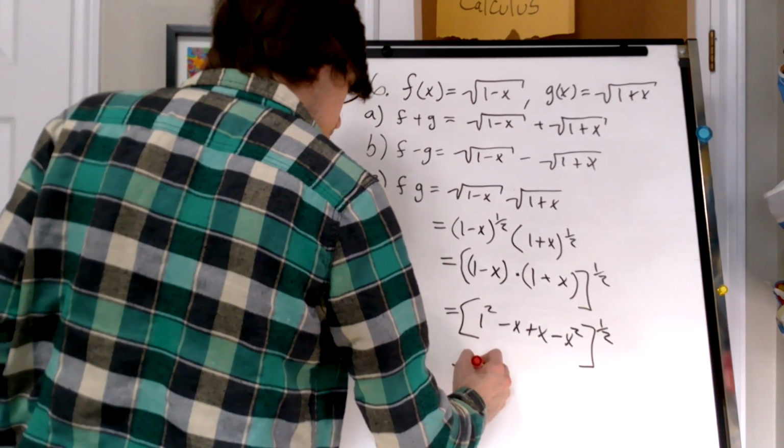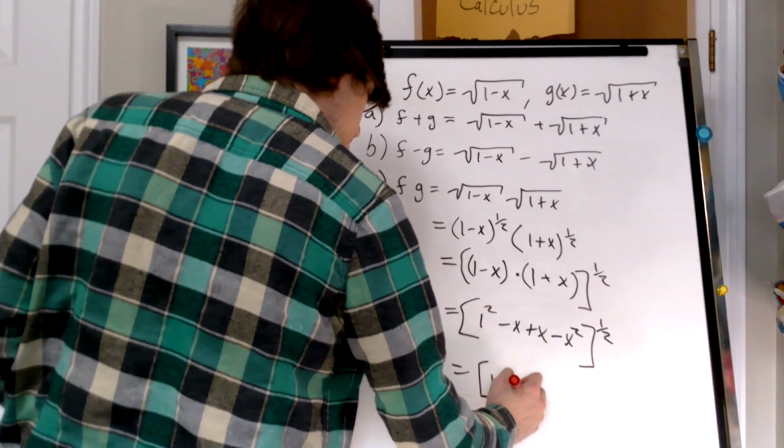Those cancel, and we are left with 1 minus x squared.